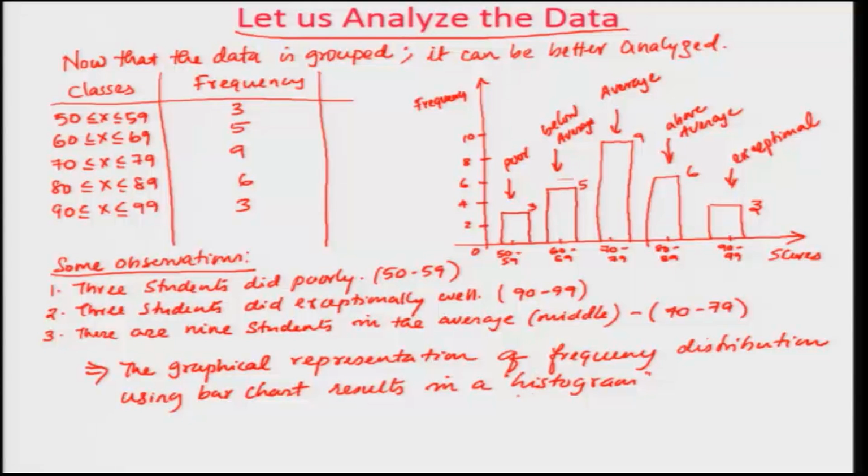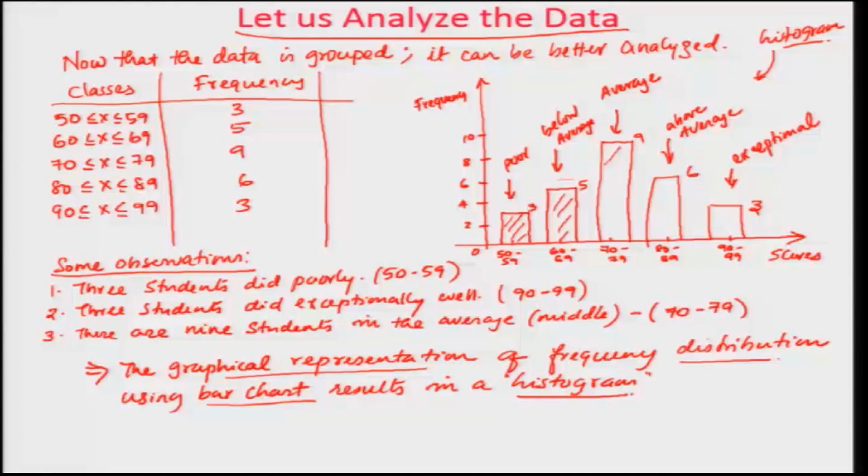This diagram that we just mentioned is our histogram. Using bar charts as the graphical tool for a frequency distribution is called a histogram. These are the bars. Some people shade them like this or do some stuff like this. You can do that, it's up to you.